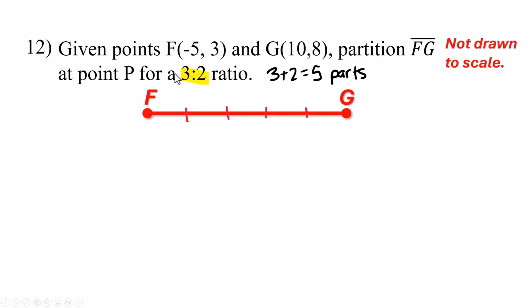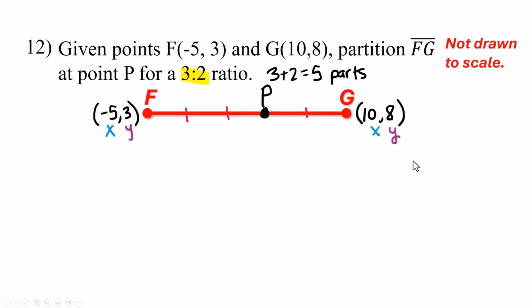Now the P, the point we're looking for, is where you have 1, 2, 3, and then 1, 2, a 3:2 ratio. 3 parts to 2 parts. We need to find this piece right here, the coordinates of this point. This is what it looks like on a scratch diagram. So let's do the math and find it. All right, so F is our starting point, and G is where we're supposed to land.